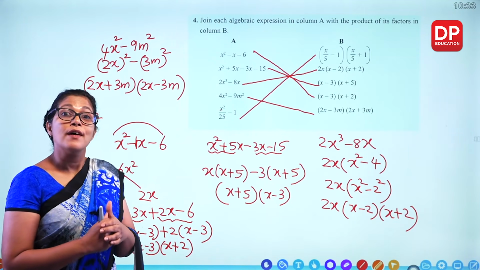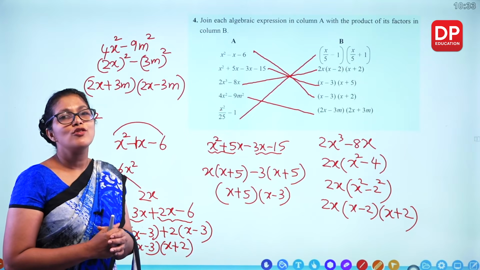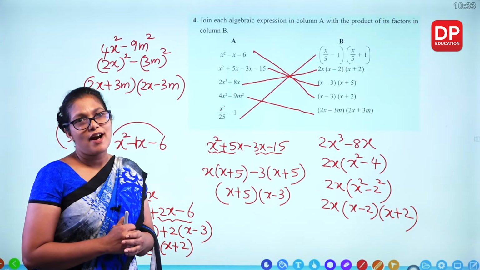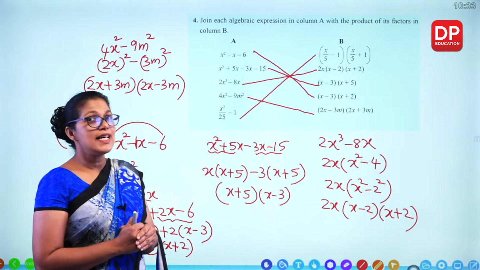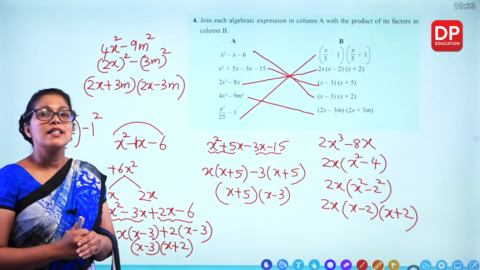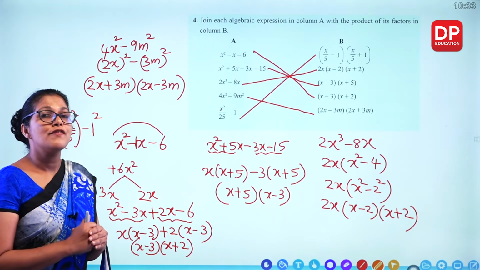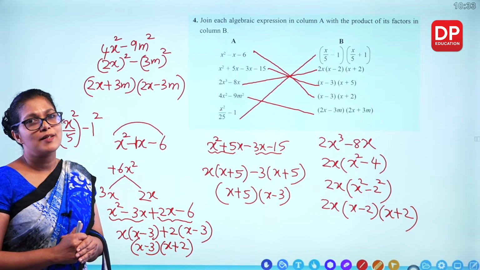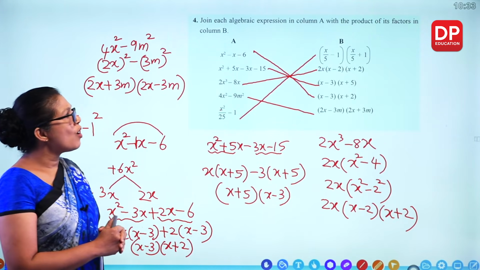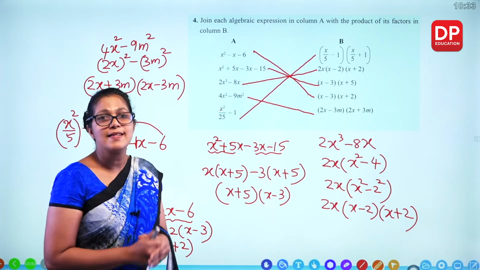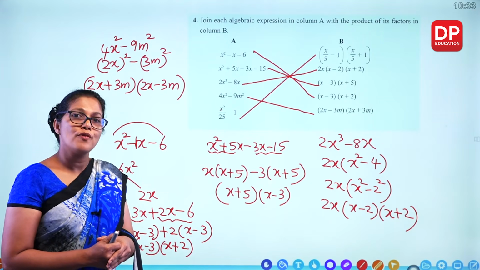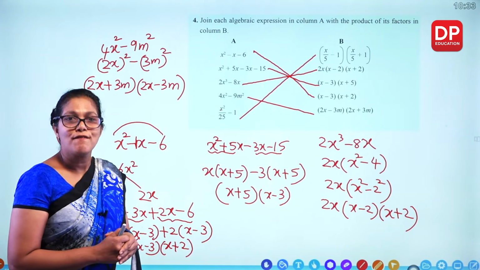And when you have 4 terms, you take 2 terms at a time and factorize. And then we did factorization of trinomial quadratics and the difference between two square terms. So practice with all these examples and exercises to improve your knowledge in factorization.